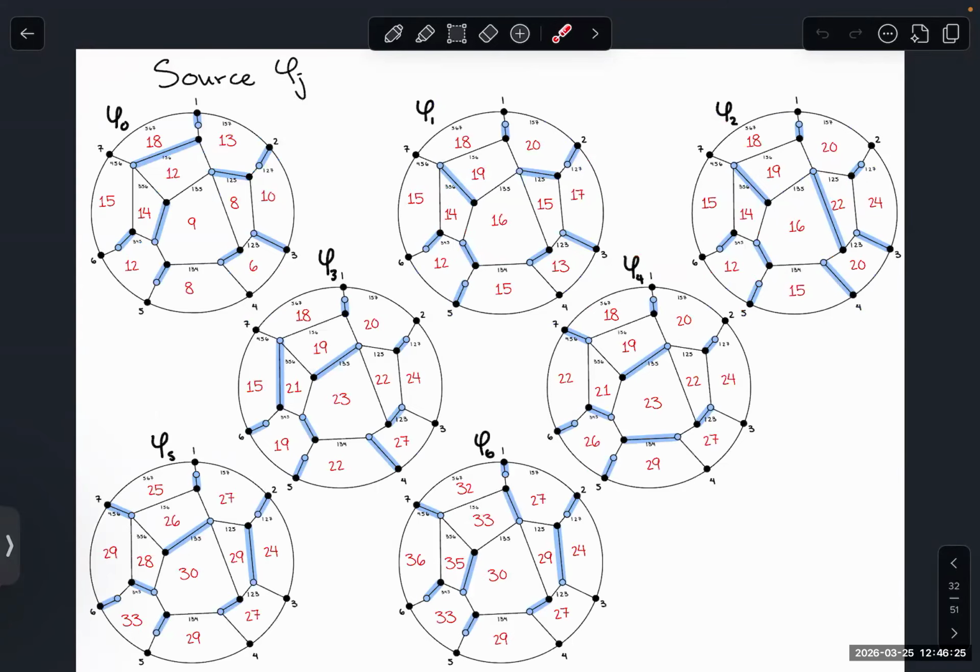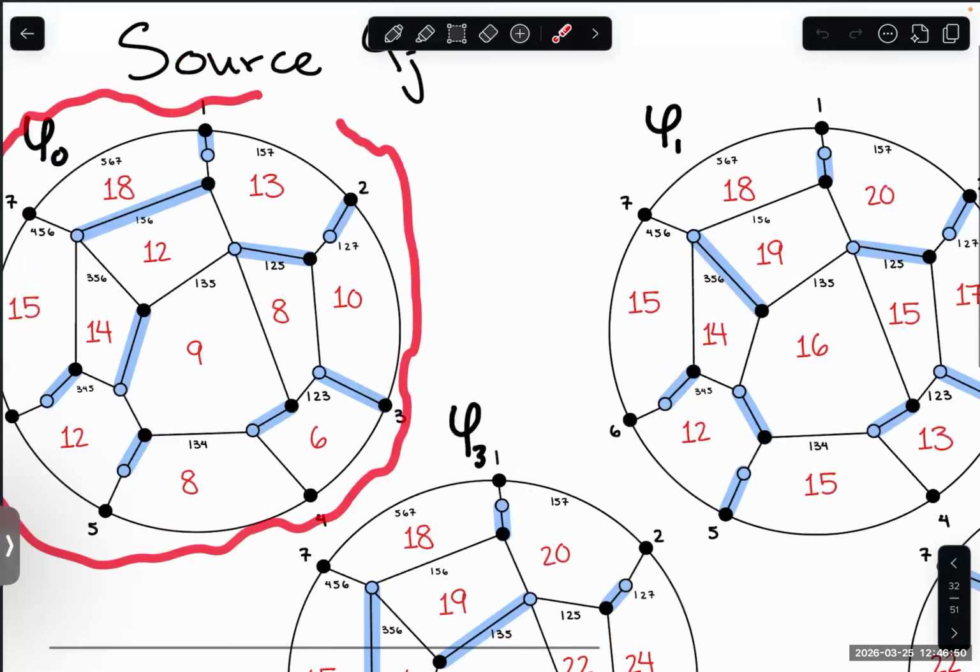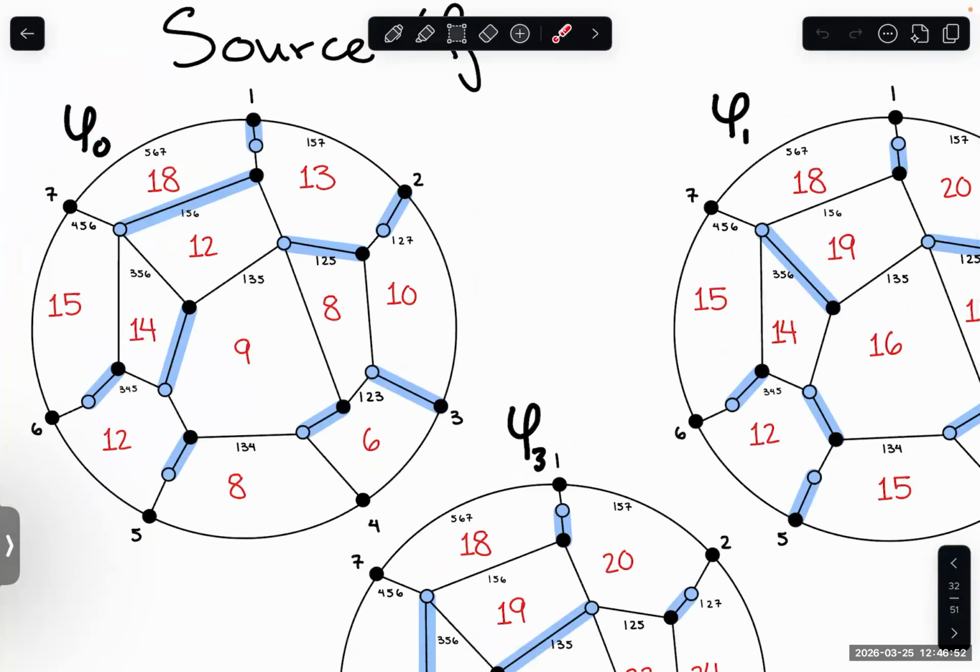So then, if we do source labeling, I've included all of these phi j for j between 0 and 6 on the example graph that we've been working with, where my heights are now in red. For phi 0 in particular, we're just summing over face label entries. We can zoom in a little bit so we can see that, and that should line up.